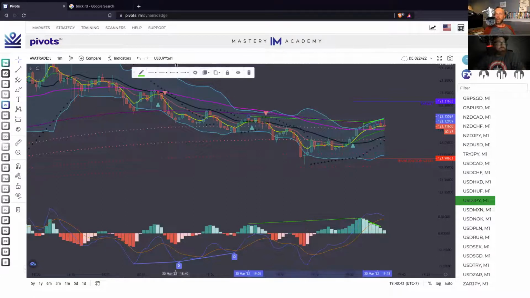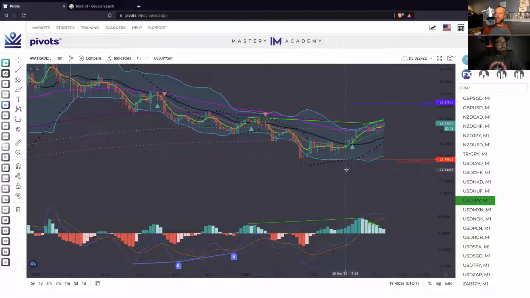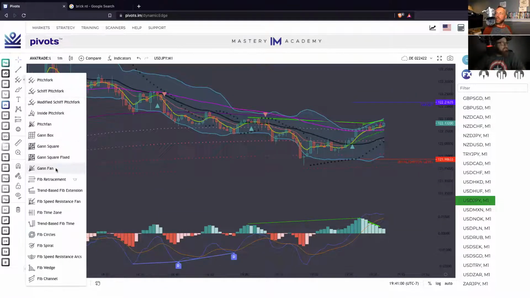Divergence is really exciting because it's one of the very, very few things you can do on your chart that actually gives you a leading indication of what's about to come. It doesn't tell you exactly when it's going to come, but it does tell you that at some point we have a high likelihood of a rejection and a move down.